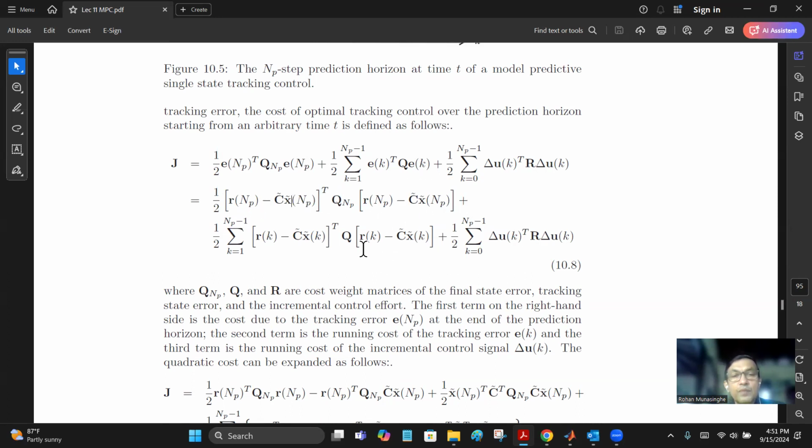But it has the same error, Rk minus C tilde X tilde K, same as here. And then this is the control cost.